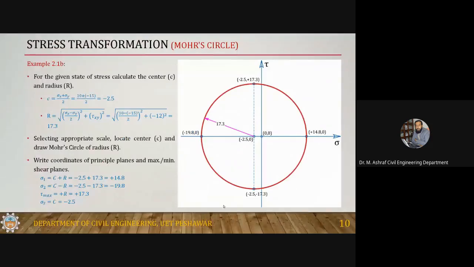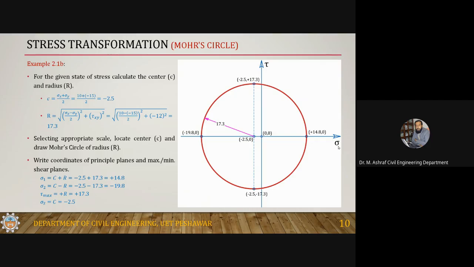And tau maximum is equal to 17.3, and the normal stress on the maximum shear stress plane is minus 2.5. So we got these expressions: minus 2.5 and 17.3, minus 2.5 and minus 17.3, and these are the principal stresses. This is the first set of steps.